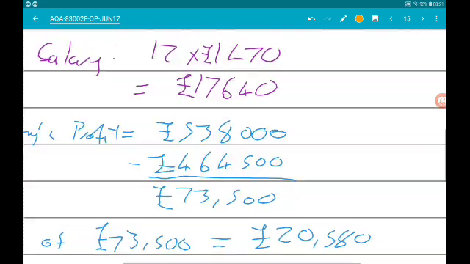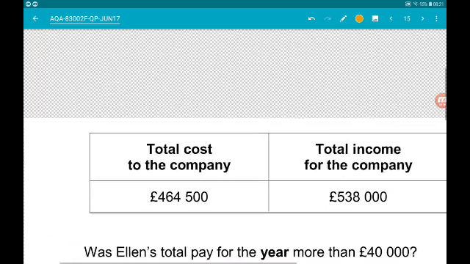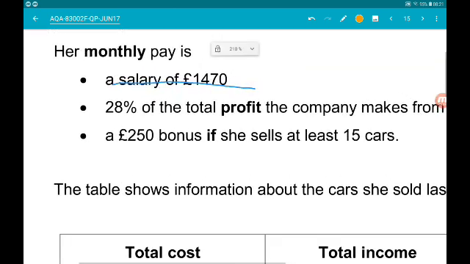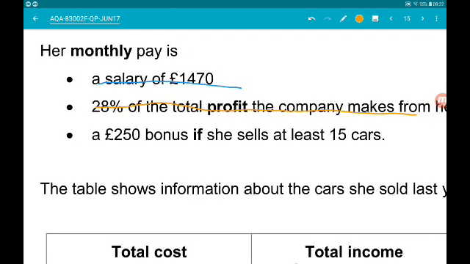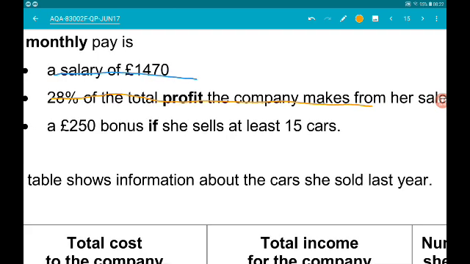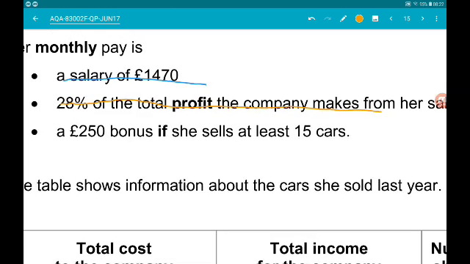Okay, so we've now dealt with this bit. So now it's just a £250 bonus if she sells at least 15 cars. So that's in 1 month.